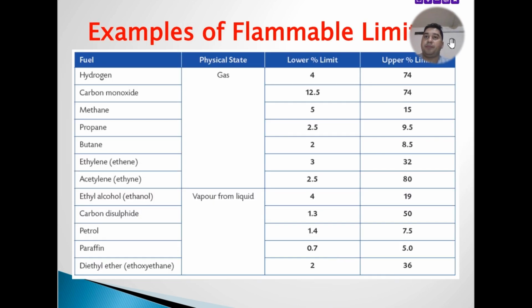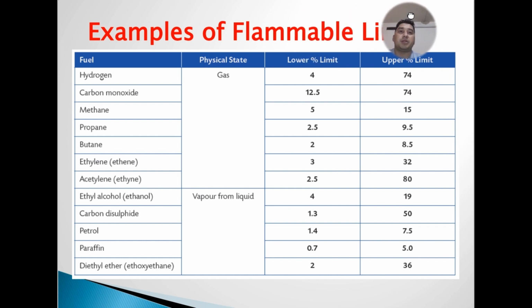Examples of flammable limits. Now we have hydrogen here. These are fuels, and the physical state we can get as a gas. Lower percentage of limit, the lower explosive limit: 4%, 12%, 5%, 2.5%, 2%, 3%, and 2.5%.